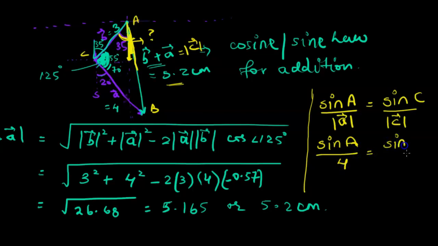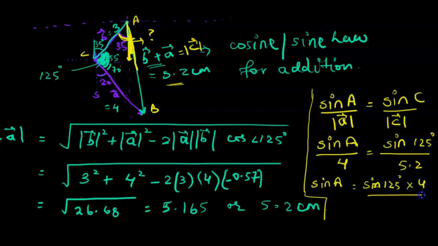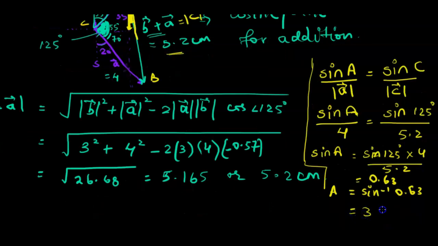Sine C we can find out because we know angle C is 125 degrees and C magnitude is 5.2. All we have to do is cross multiply. So sine A would be equal to sine 125 degrees times 4 divided by 5.2. When we put this on the calculator, we get 0.63. So angle A would be equal to sine inverse of 0.63, and that gives us 39 degrees.